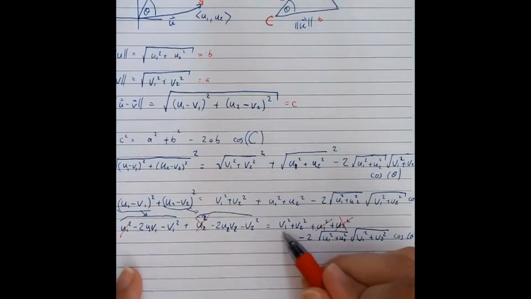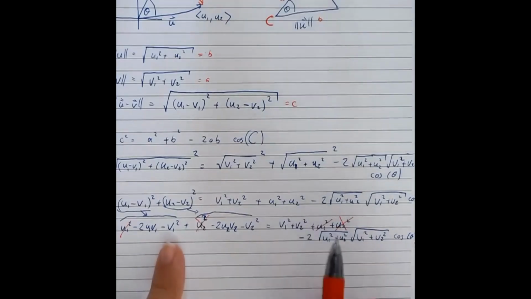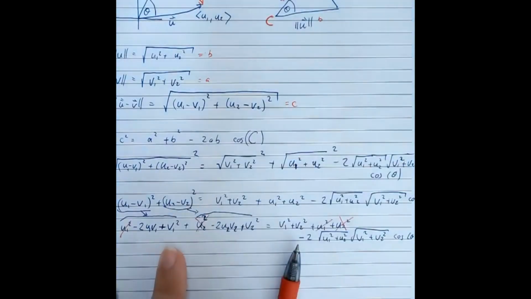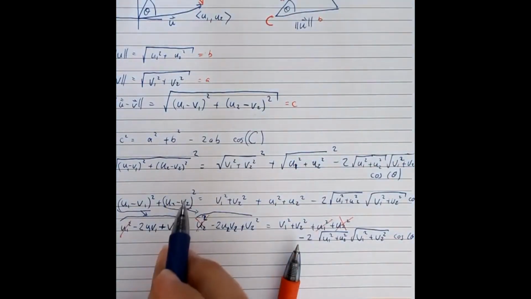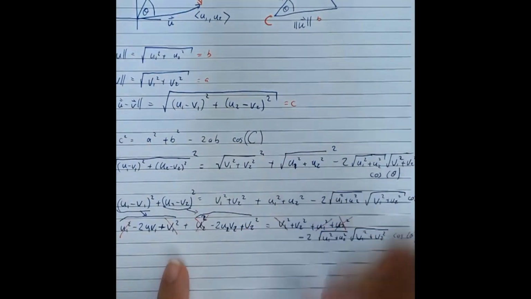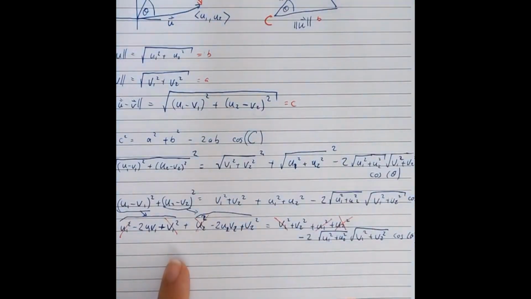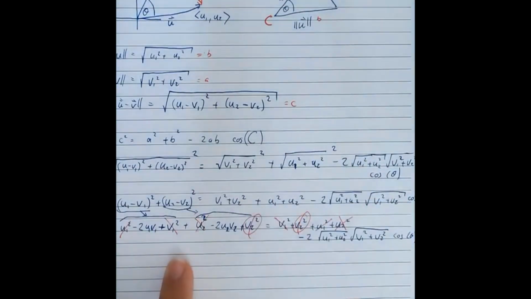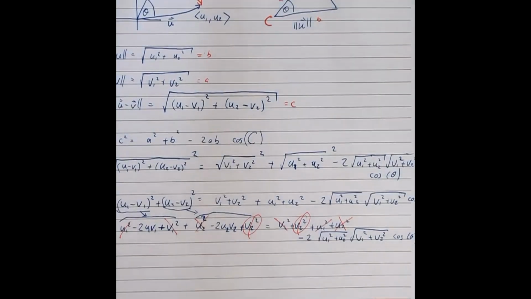Here, v1 squared and, my apologies, that should be a plus right there, shouldn't it? Why didn't anyone tell me? That should be a plus. Right? Negative times a negative is a positive. Same thing here. Negative times a negative is a positive. So here, this one and this one subtract away from both sides. And finally, this one and this one. You can subtract v2 squared from both sides, and those two go away.